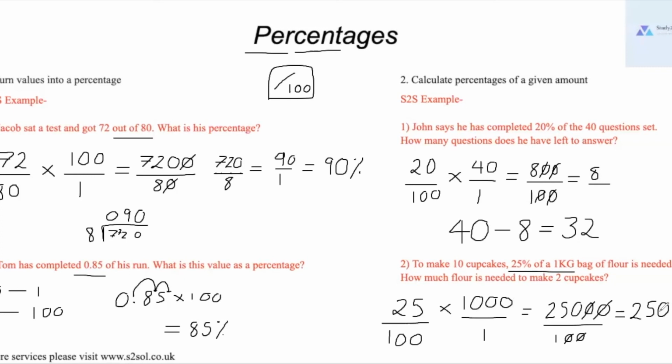So it's 250 grams that's needed for 10 cupcakes. Therefore, the value to make 2 cupcakes is simply 250 divided by 5, because that will give us the amount of flour needed to make 2 cupcakes.